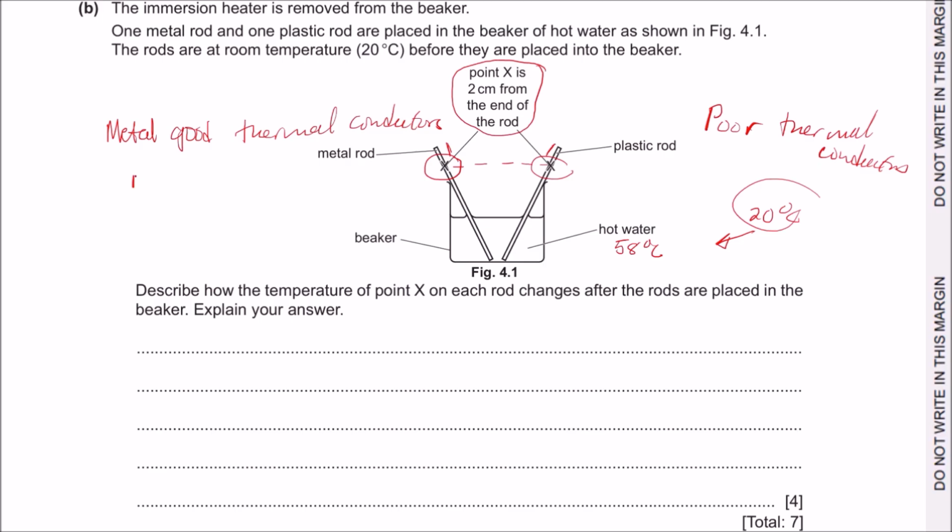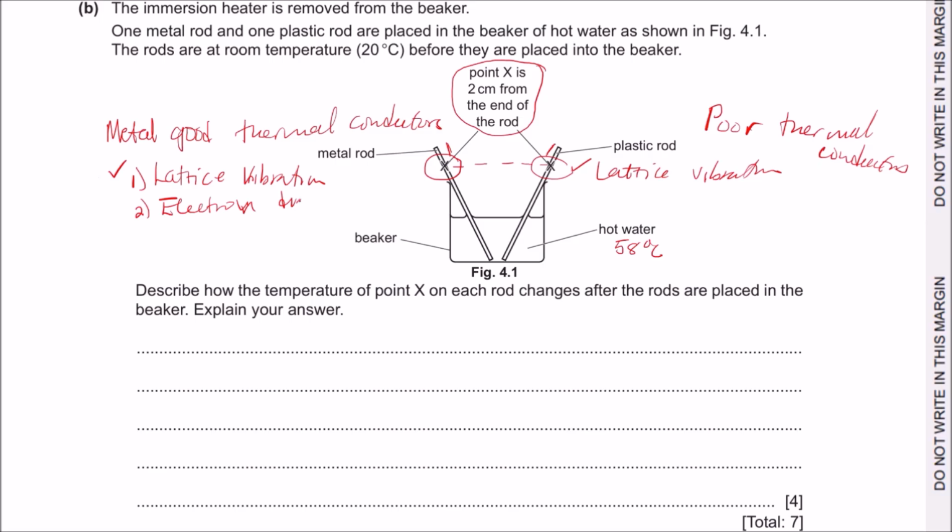Conduction moves through, number one, lattice vibrations. In other words, heat is moving from point to point through vibrations of particles. So this happens in metals as well as in plastics. So here we have lattice vibrations. After this, we have mechanism number two, which is called electron drift or movement.